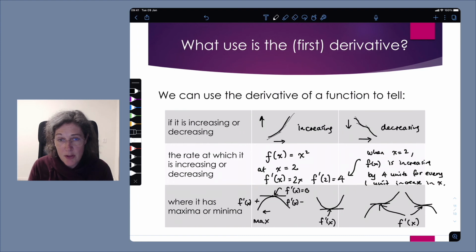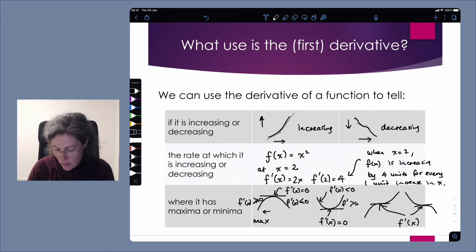The opposite happens when we have a minimum. So for a minimum, to the left of where we have our flat derivative, we have that the first derivative is negative. So I should really put greater than 0, less than 0. But afterwards, we have that the first derivative is greater than 0.